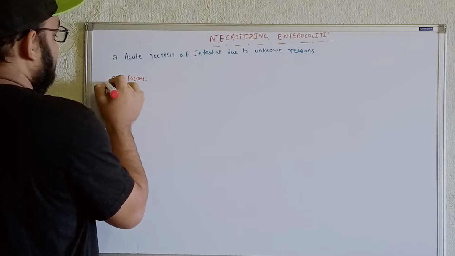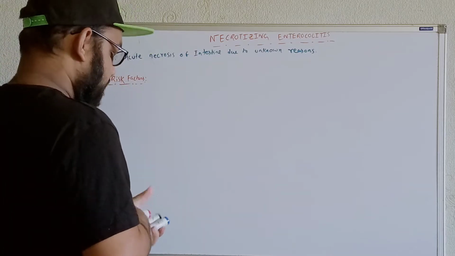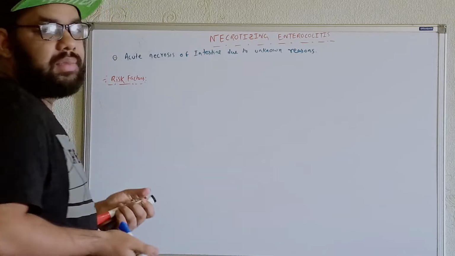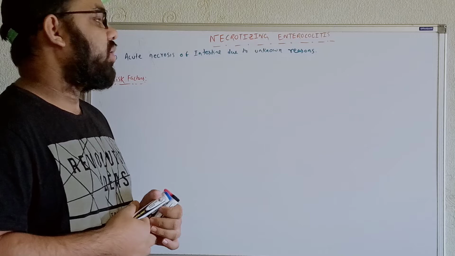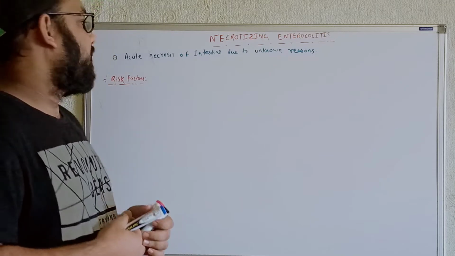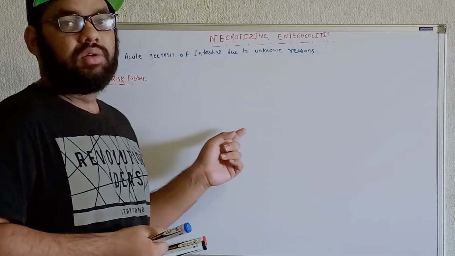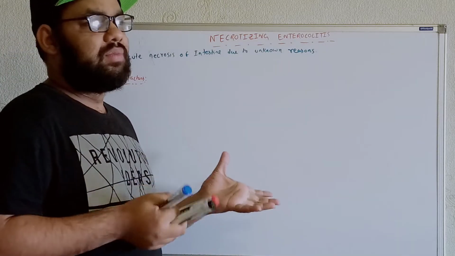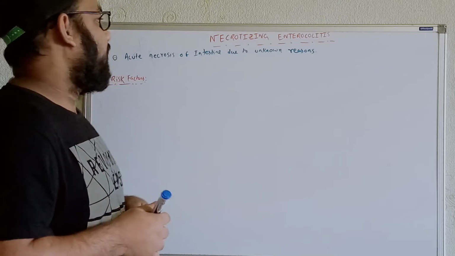The first risk factor is prematurity. In most of the cases we can see the development of necrotizing enterocolitis in preterm babies, and in a few cases also in term babies. For example, 10% of term babies can also develop necrotizing enterocolitis.